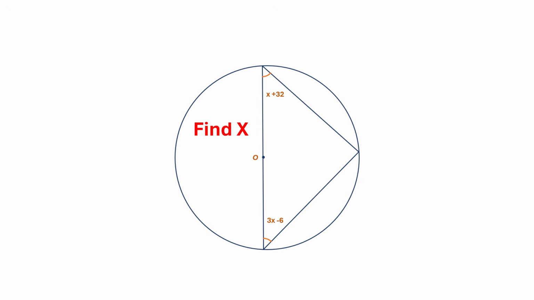The question here asks to find x. From the first theorem, these two add up to 90 because we know this is 90 degrees, right? Yeah, this is 90.